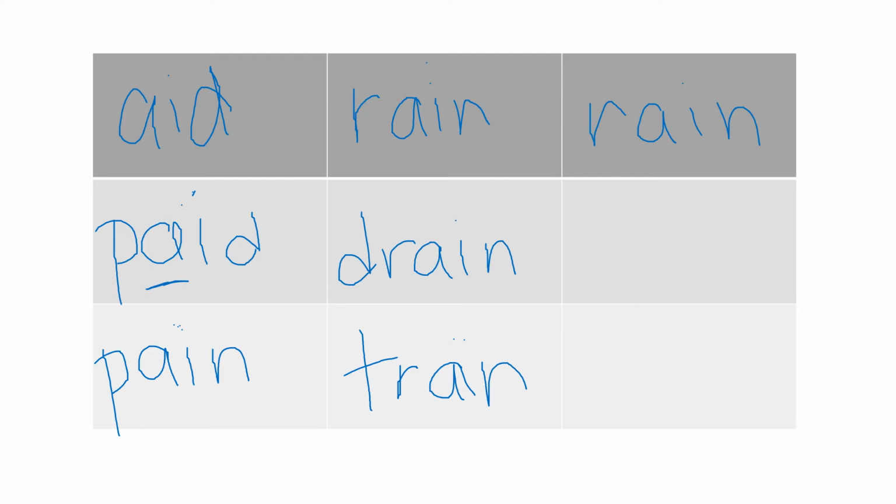Now we're going to the short A. So think about how to change it where you have the short A. Ran. Change ran to ray. Ray. Now at the end of the word, the A sound is not going to be with the AI. So we switched it up. That AI says A, but at the end of the word, you want to use AY.